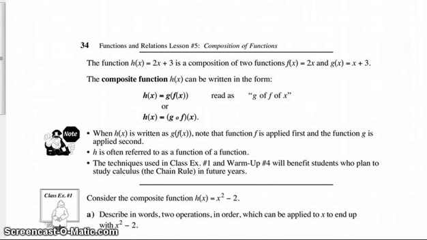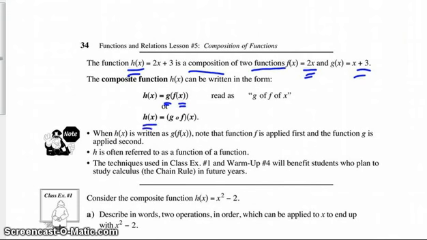So composite functions, as you can see, I have h at x, which is the composition of two other functions, this one and this one. And if you look at it, it says it's composed of g at f at x. It's read as g of f at x.